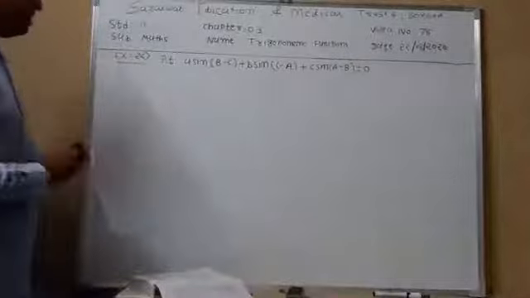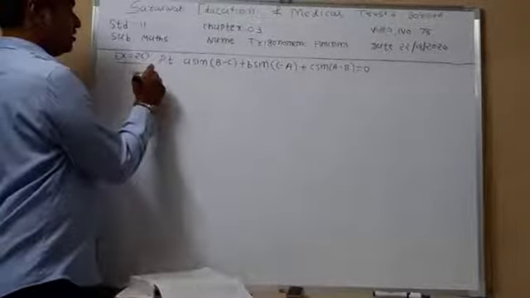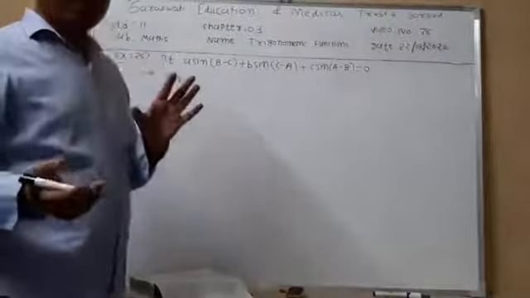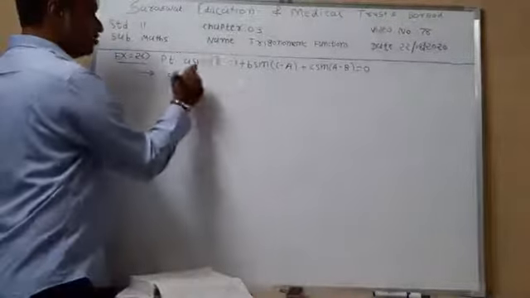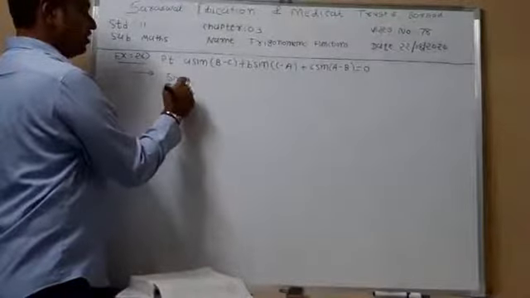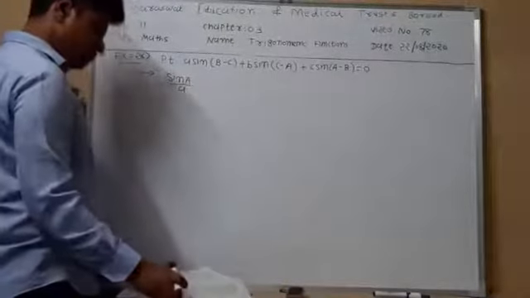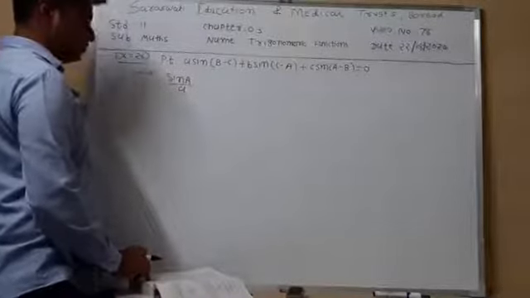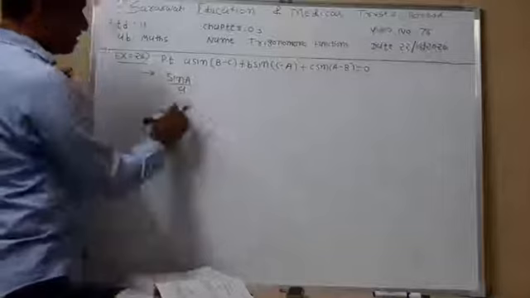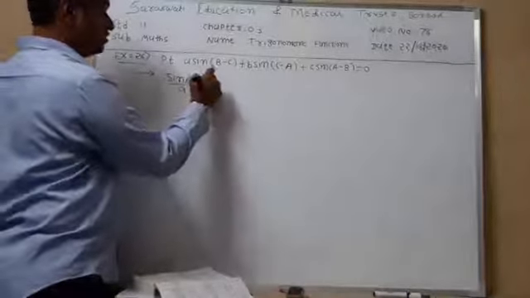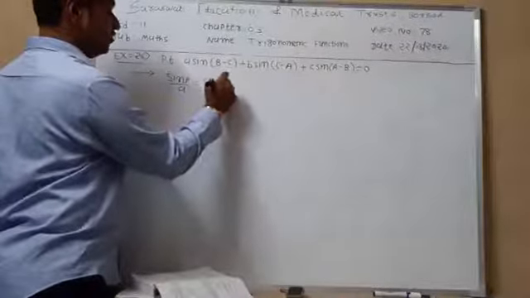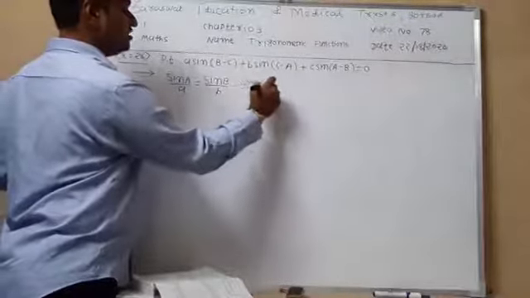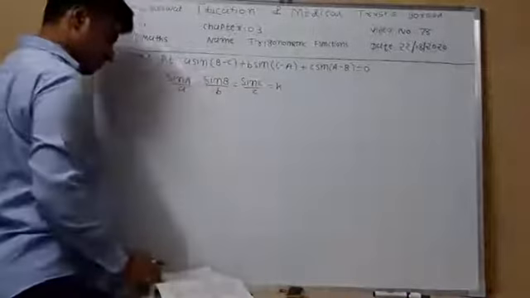Again, using the formula, a upon sin a and sin a upon a are the same. So sin a upon a is equal to sin b upon b is equal to sin c upon c, consider it k.